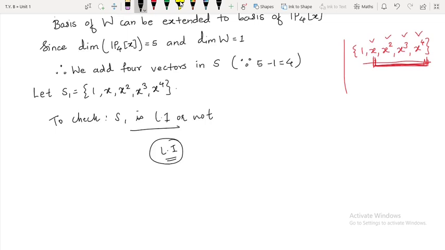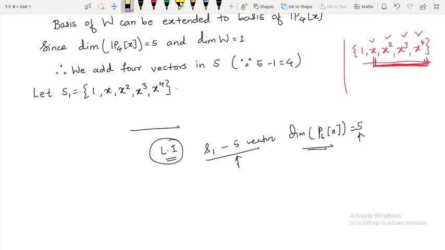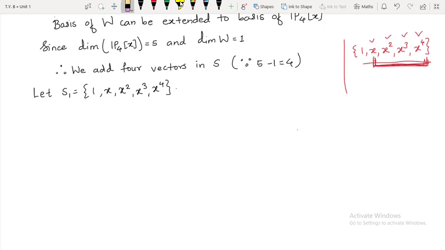Once it is linearly independent and S1 contains 5 vectors, and the dimension of P4 of x is also 5, we have seen a theorem that any linearly independent set containing 5 vectors from that vector space becomes a basis. But over here there is no need, because we already know that it is a basis of P4 of x, since it is the standard basis itself. So clearly this S1 is a basis of P4 of x.